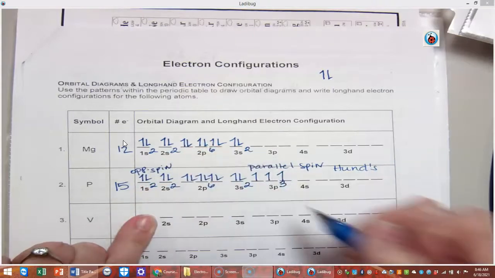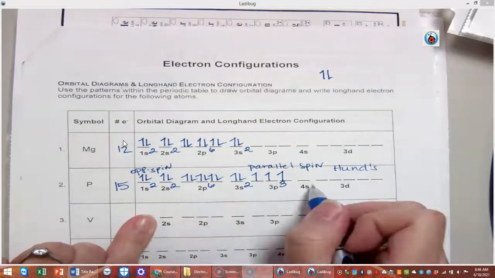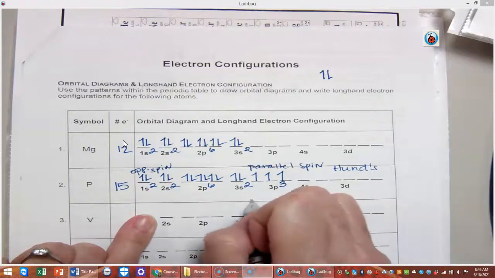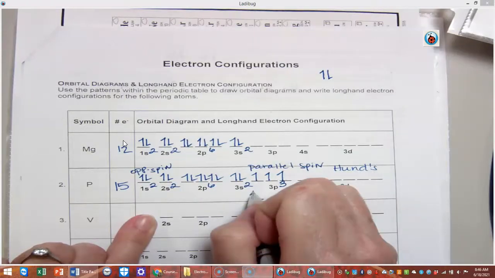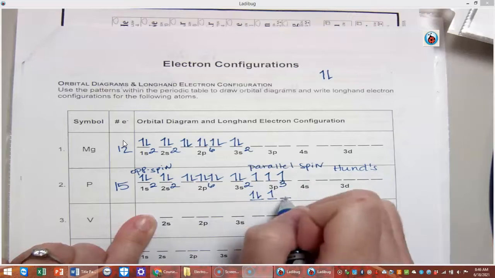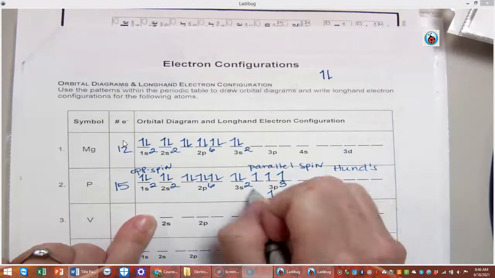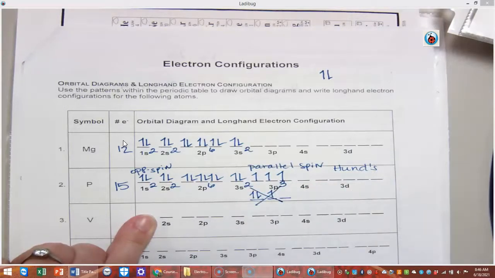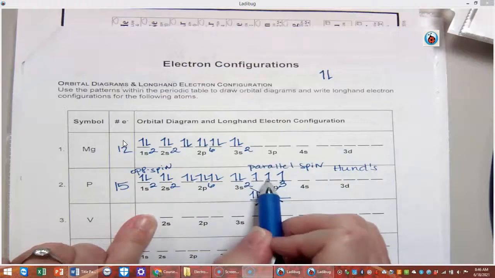This is parallel spin. This would be the correct configuration. If you put arrow up, arrow down, arrow up, there are 3 electrons, but because of Hund's rule, we would say this is wrong. So it's just up, up, up.